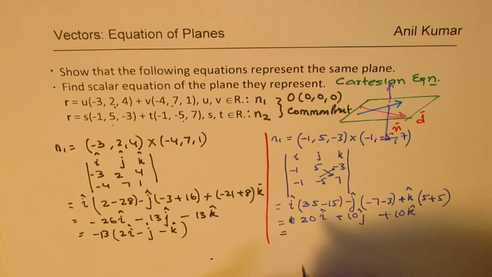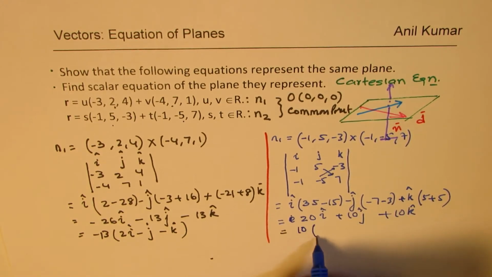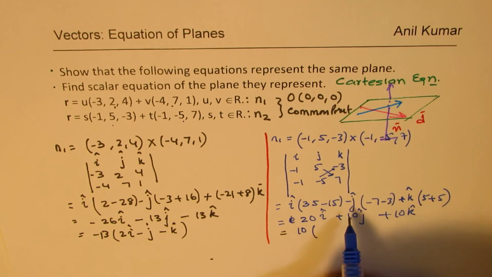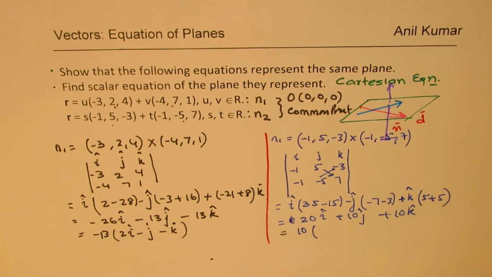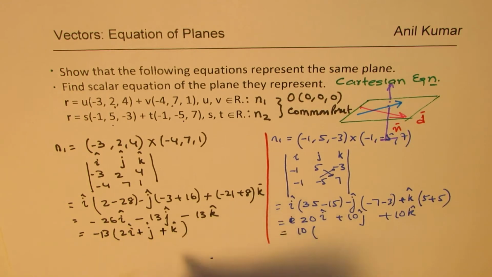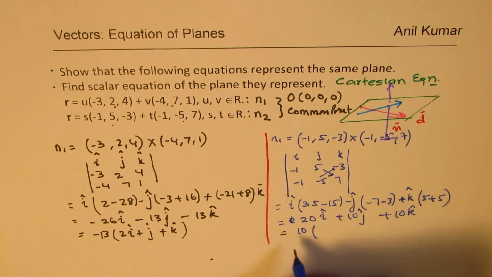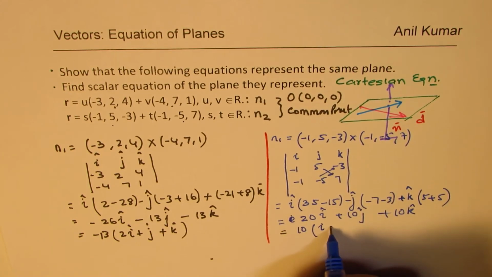And in this case, if I take 10 common, so I took -13 common, so all of them become positive, sorry. So in this case, all are positive. I'm taking 10 common. I get 2i plus j plus k.